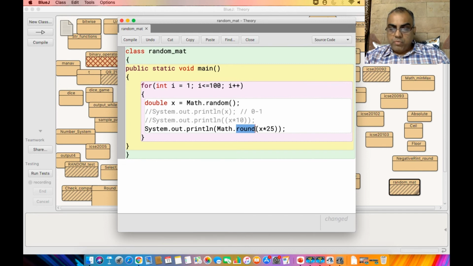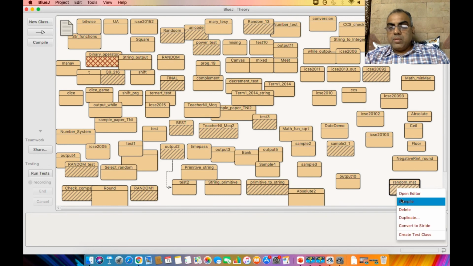Okay, 0 to 25. So if I increase this number to 100, round will give me 0 to 100, ceil will give me 1 to 100, floor will give me 0 to 99. I hope you guys have understood this. I'm just taking random numbers.